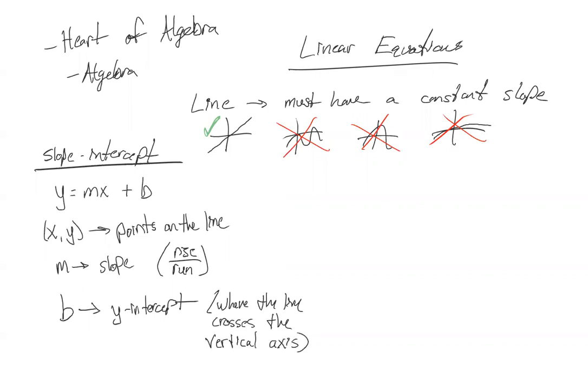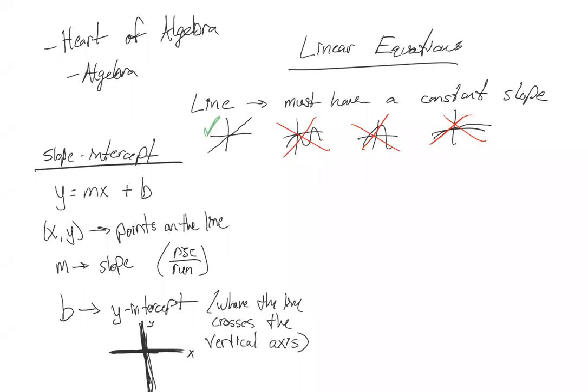If you don't remember, the vertical axis is the up and down of the graph, that's the y-axis, while the left and right, the horizontal, would be the x-axis. Wherever that line touches that vertical up and down axis is where that b value is going to be.